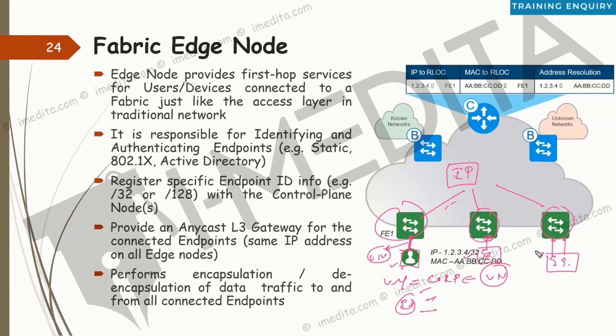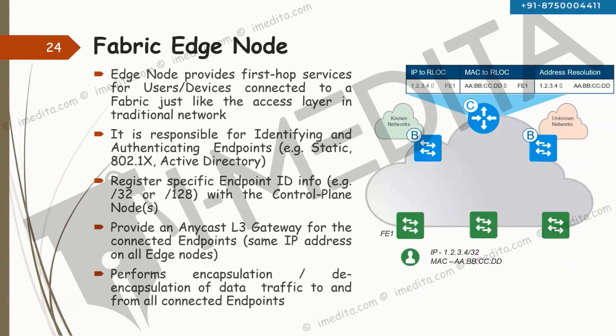The IP address of the default gateway remains the same on all the fabric edge nodes for a particular VN, virtual network, or call that VRF. And that is why this kind of gateway implementation is what we refer to as anycast gateway.